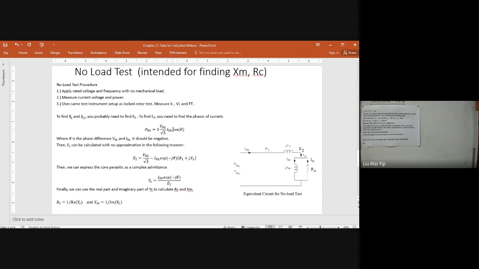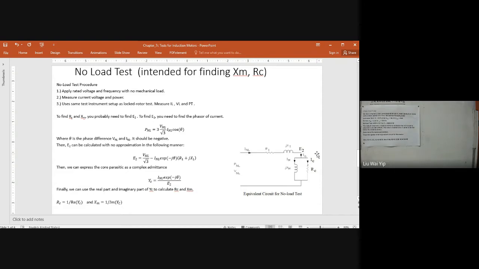Finally, we also need to perform a free running test. The free running test is also called the low load test. To do this test, you need to adjust the source voltage to the rated value. The equivalent circuit of this low load test is like this.